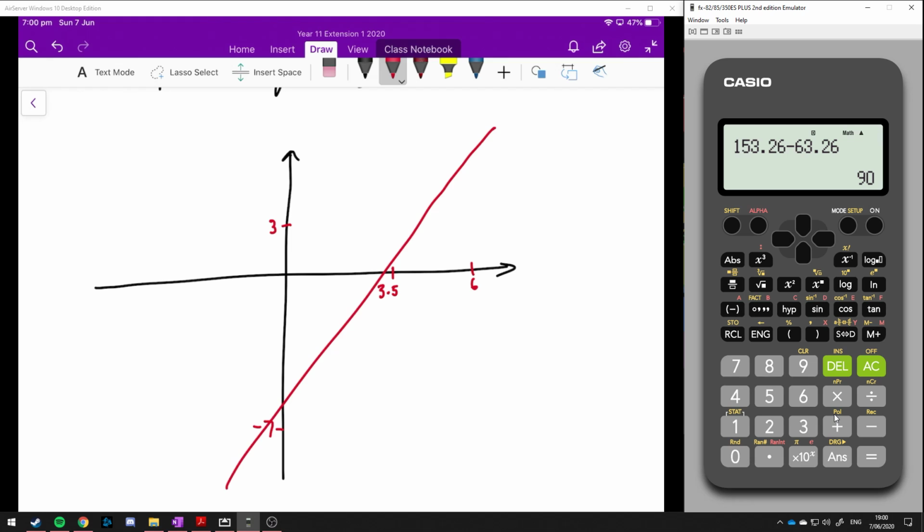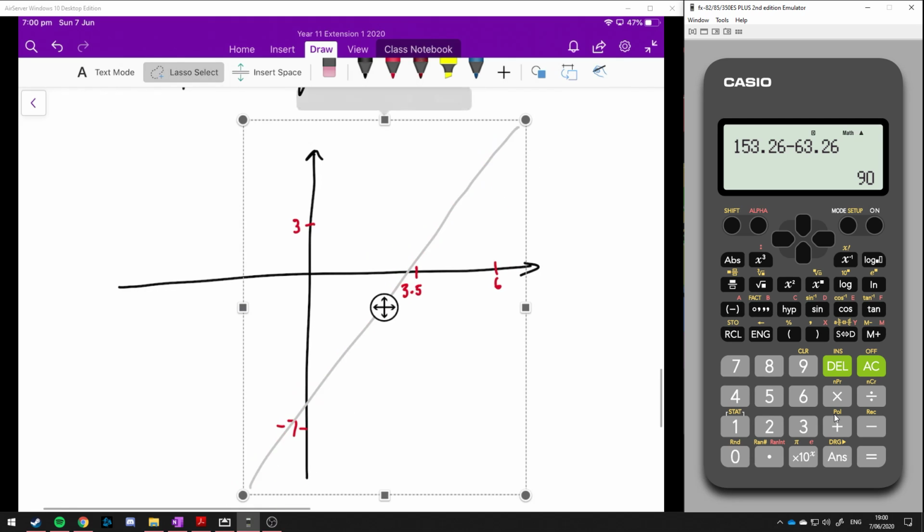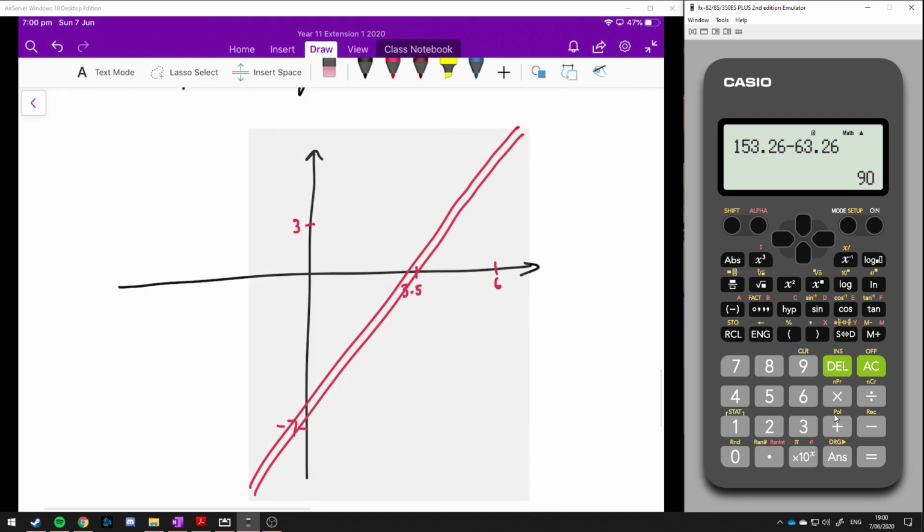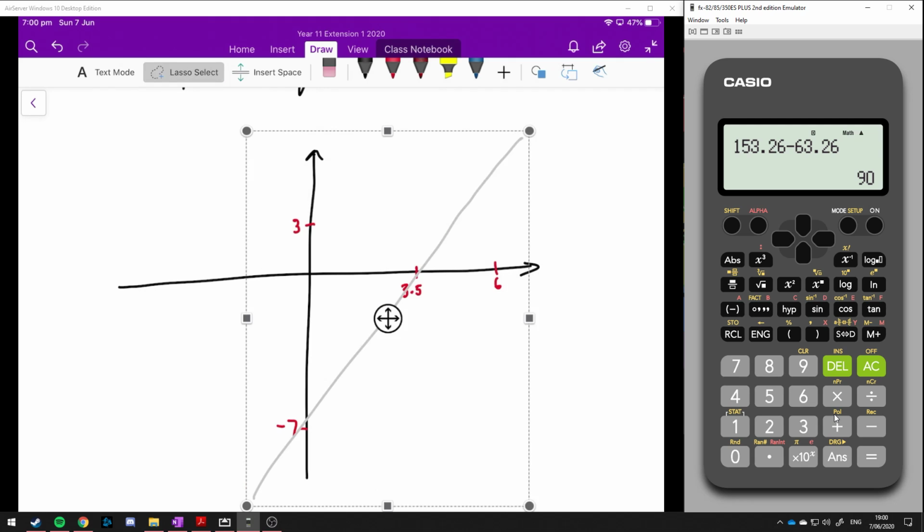Something like that, except a bit lower. Wonder if I can... I don't think I can. Oh, yep, I can. Haha, cheating, my favorite. Okay, there it is there. So that's our first one.